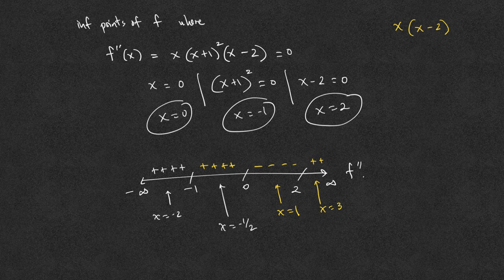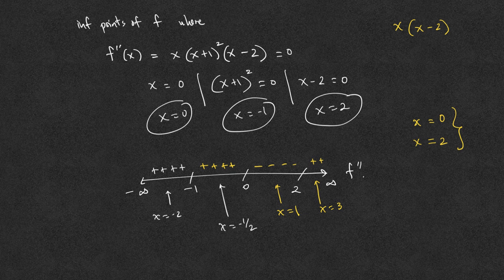F double prime changes its sign only at x equals 0 and x equals 2, and so we will find the inflection points at these two x values.